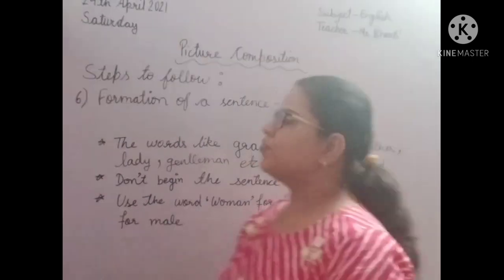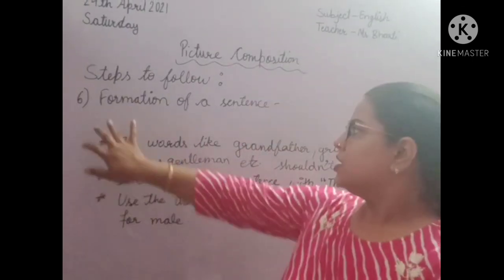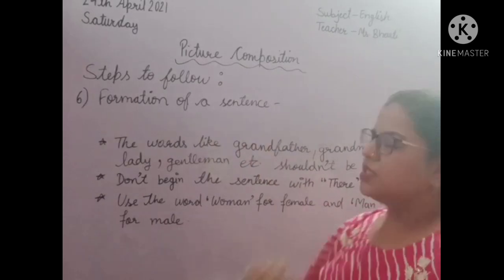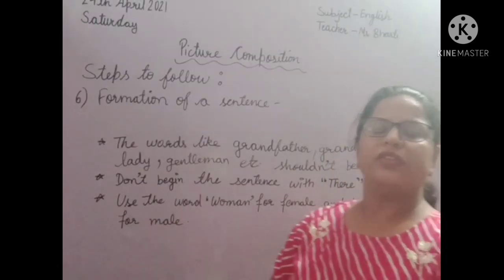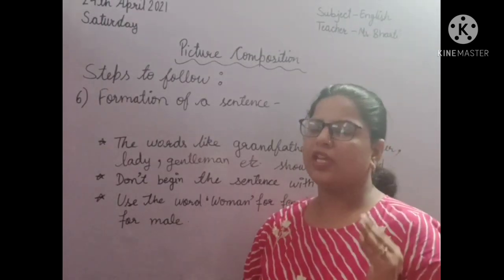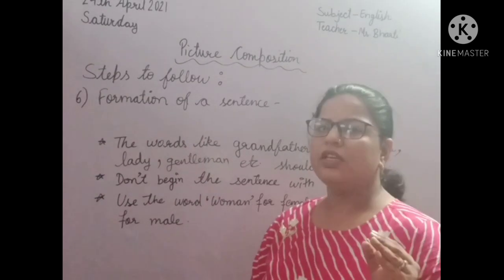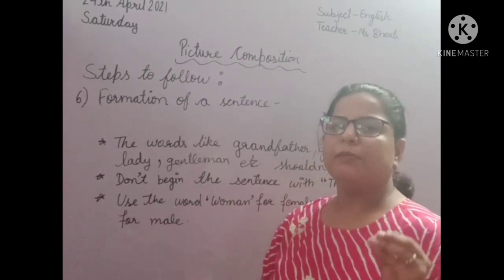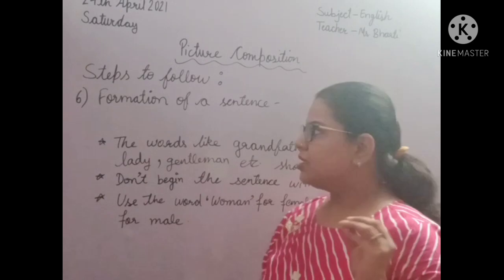In the list of steps to be followed, the sixth step is formation of a sentence. Remember one thing, whenever we are framing a sentence, we need to keep in mind certain points.